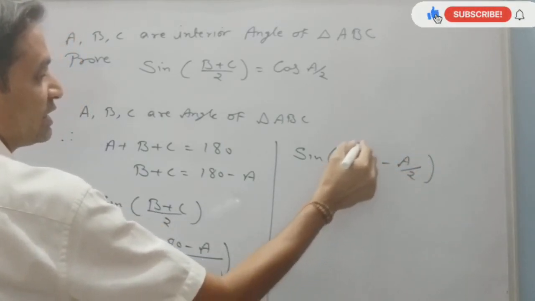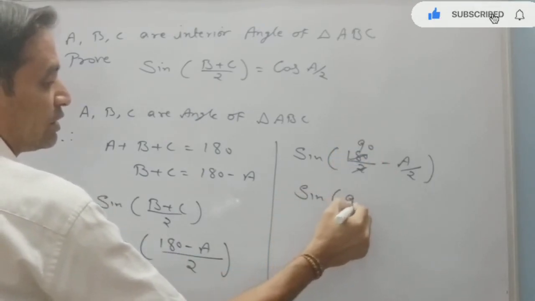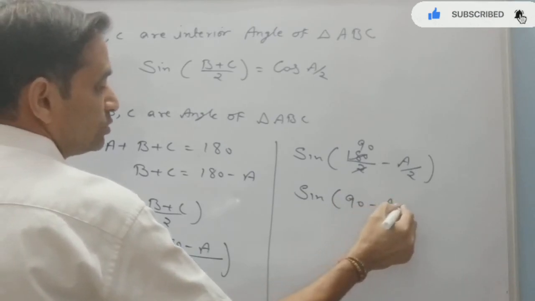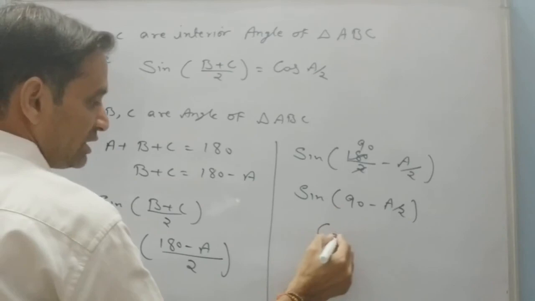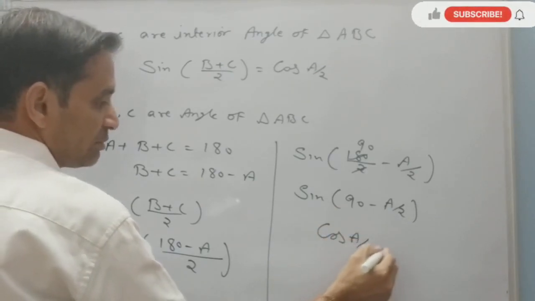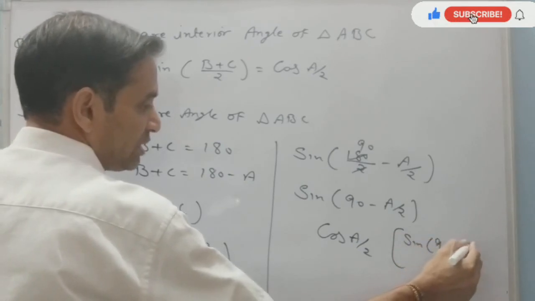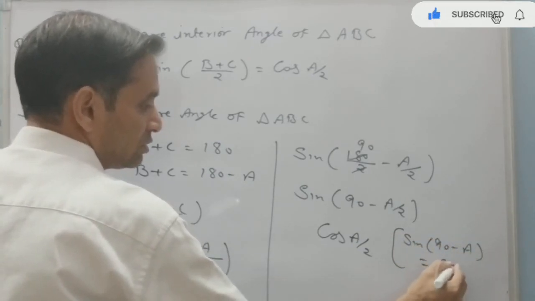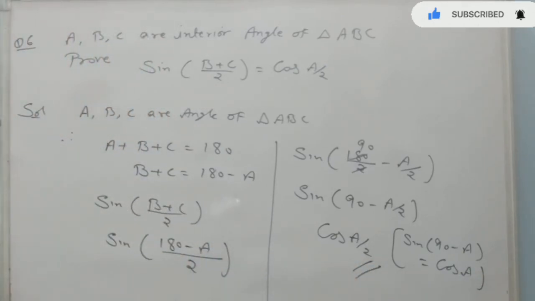That is 90, so it is sin of (90 minus A by 2). Sin 90 minus theta is nothing but cos theta. You know that it is cos A by 2 by the formula sin 90 minus A is equal to cos A. Hence proved. Very simple question it was.